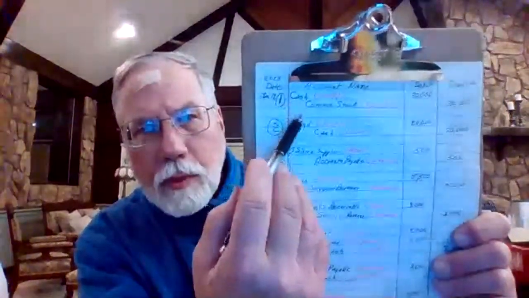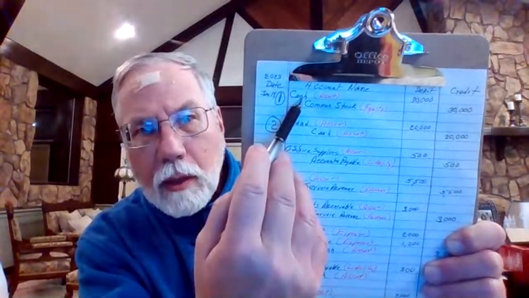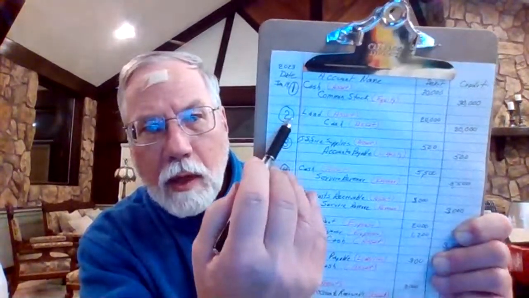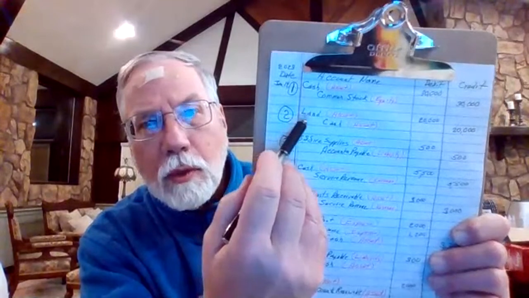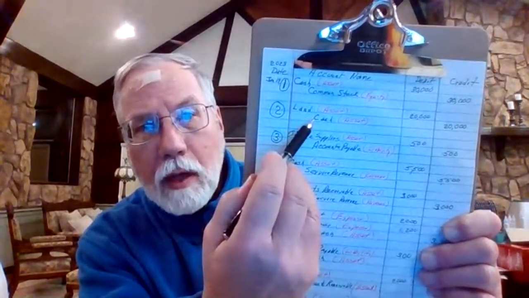You can see that's what I did. Here's transaction 1, the debit and the credit, the name of the account being debited, the name of the account being credited. Then I skip a line, and then I will go down to transaction 2, the name of the account being debited, the name of the account being credited.